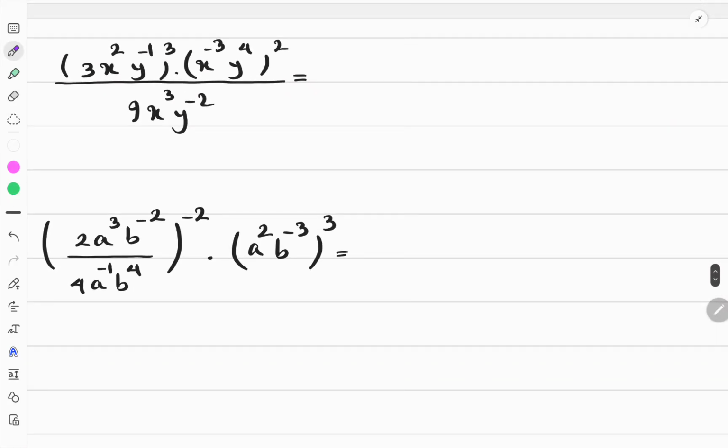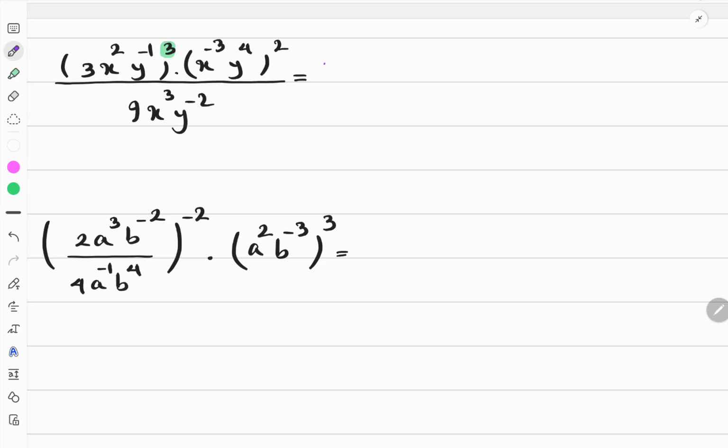And these two questions are a little bit tricky because we are trying to solve these questions using algebraic expression. Okay, you can see that there is a power here, and this power 3 belongs to all terms inside the parentheses.